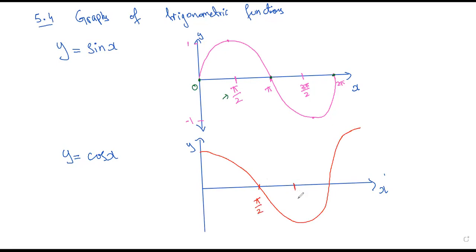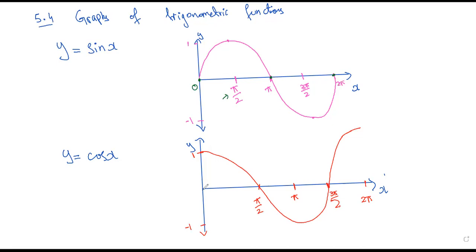This angle is pi. This is 3 pi by 2, and then this one is 2 pi. The maximum value of this function again is 1. The minimum value of this function is minus 1. Now you can just check these values as well.